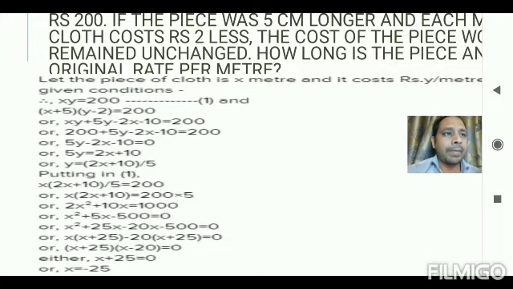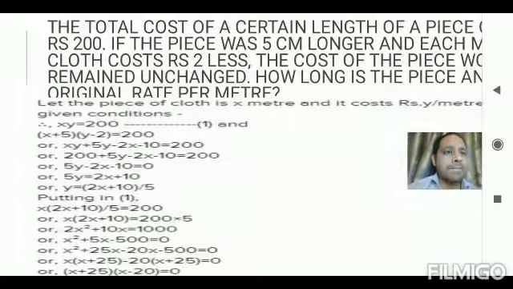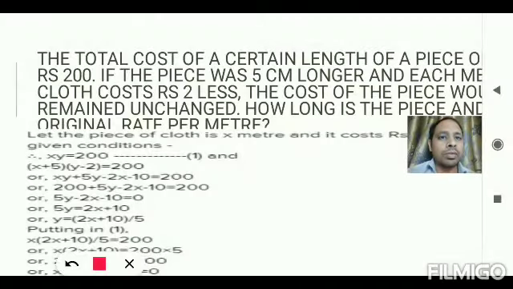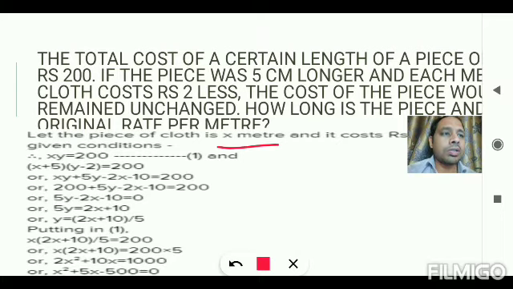Let there be x meter of cloth and it costs rupees y per meter.